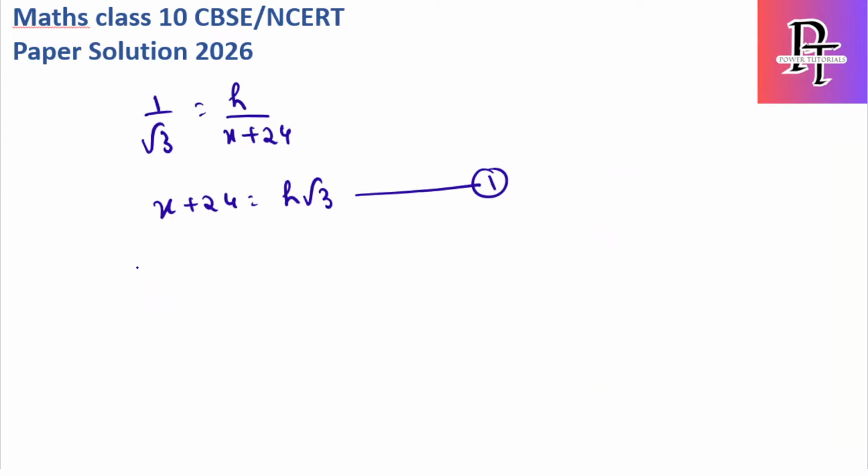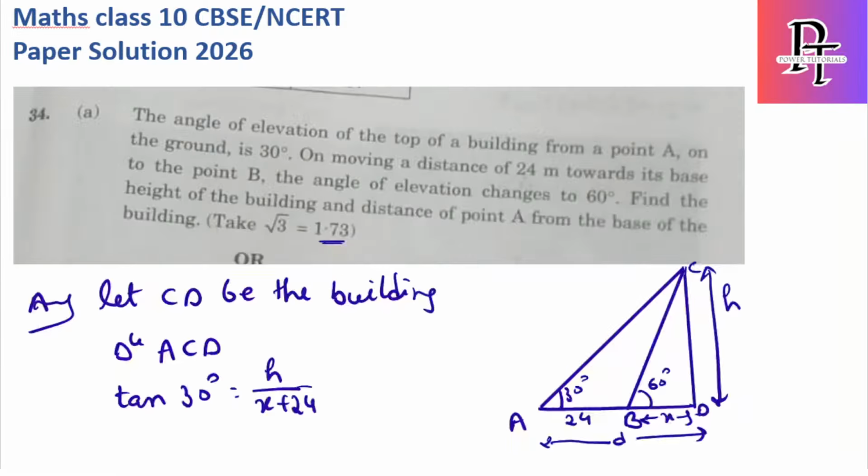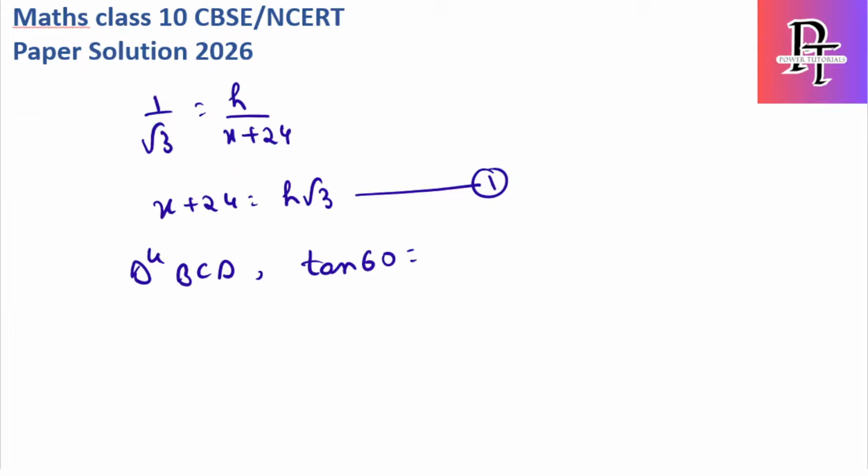In triangle BCD, tan 60 is the height by the adjacent side. Opposite is h, adjacent is x, so it becomes h by x. Tan 60 value is √3, so √3 is equal to h by x.